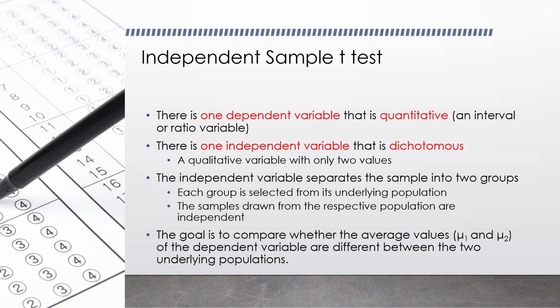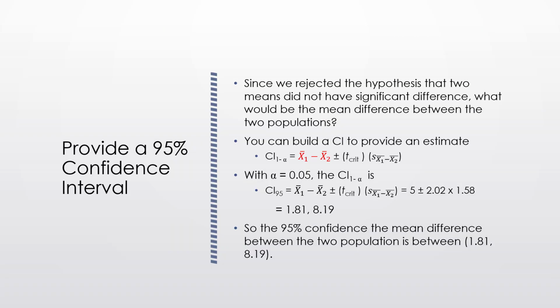The independent variable separates the sample into two groups. Each group is selected from its underlying population, and the samples drawn from the respective populations are independent. The goal is to determine whether the average values of the dependent variable differ between the two underlying populations.